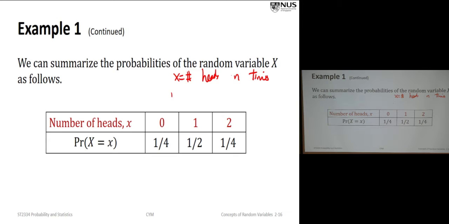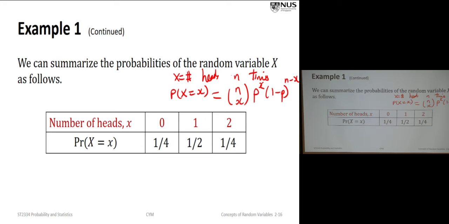So the probability of X equal to a particular value is given by n choose x, times p to the power x, where p is the probability of getting a head, then the number of tails, 1 minus p to the power n minus x.